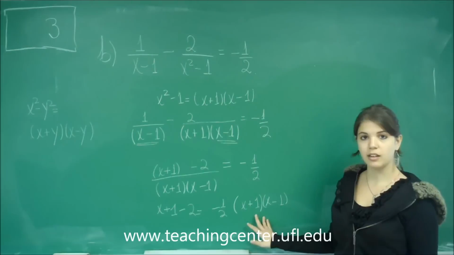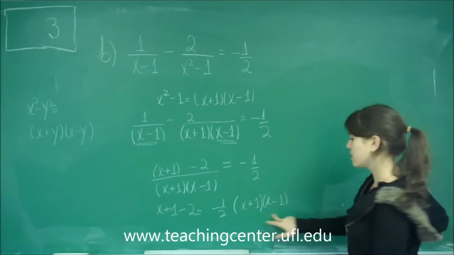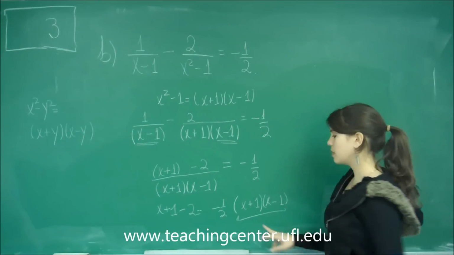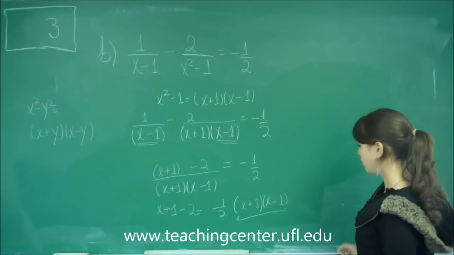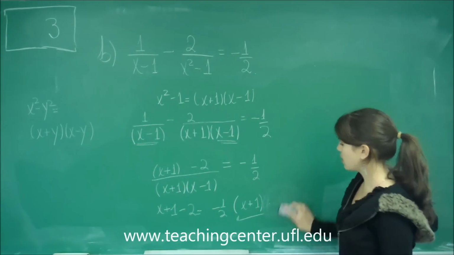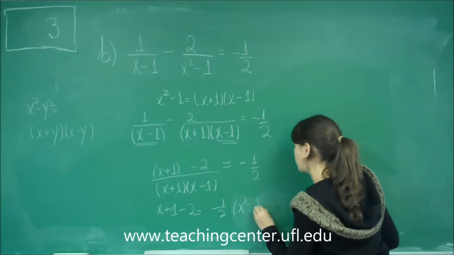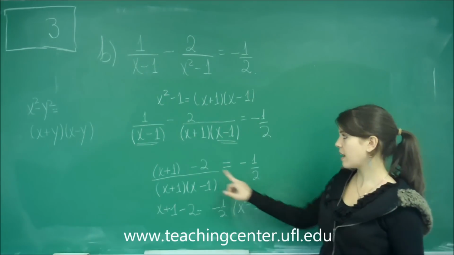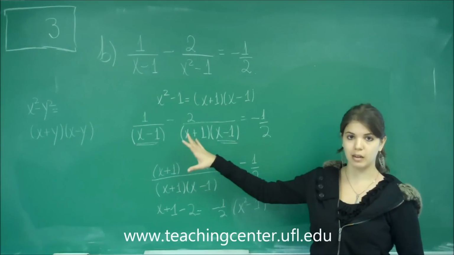So now I can go ahead and FOIL this out, or, as I know this pattern to be x squared minus y squared, I can just do that a little faster. So I can change this into x squared minus 1 once again. Remember, the reason I made it into x plus 1, x minus 1 was to find the common denominator.